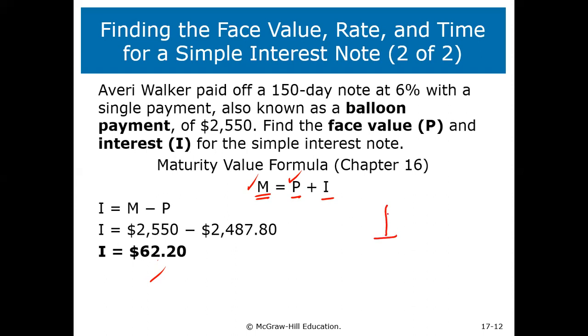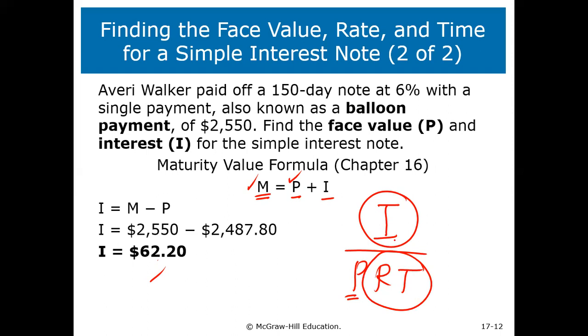Based on the formula, interest is PRT. If we already know the interest, we can compute for the principal given the rate and the time, or the rate given the principal and the time, and lastly the time given the principal times the rate.